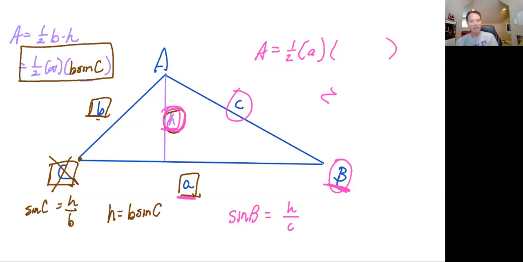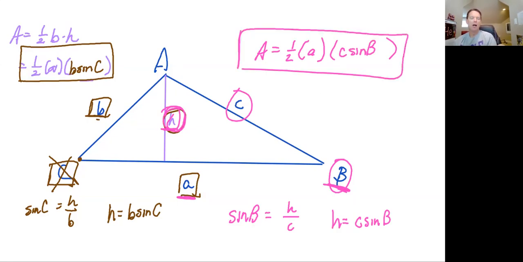Okay. Whew. So h is going to equal C sine B. But now look what happens. If I put C sine B up here, I have another formula for the area. But I would want you to notice super carefully what I have in these formulas and what I don't have.